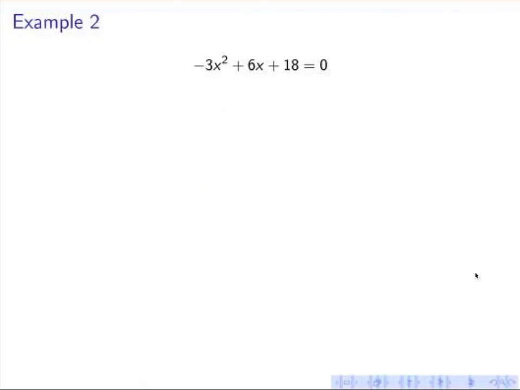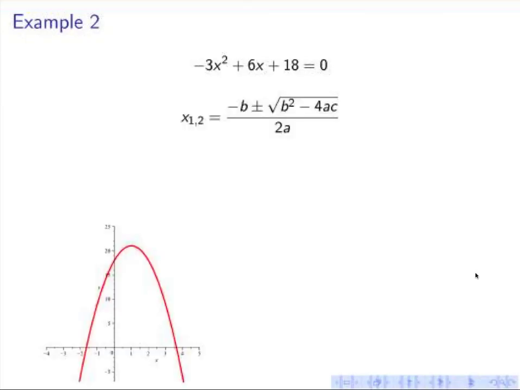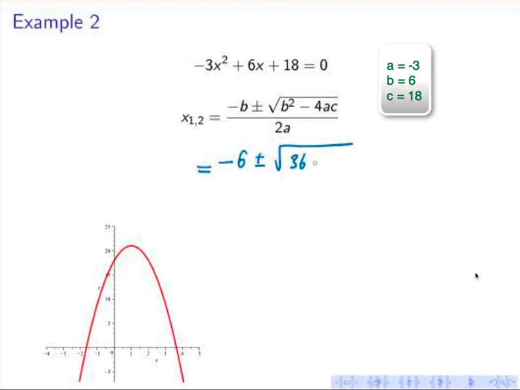Let's do the other example. Again, I just remember this formula, which I know so well, and I plug in the numbers, the a's, b's, and c's. So let's get started with this. So we have −6 ± root of 36. Now for 4ac, a is −3, and with the minus sign here we get a plus sign.